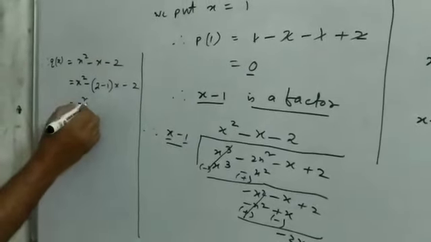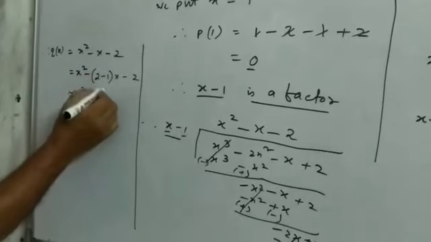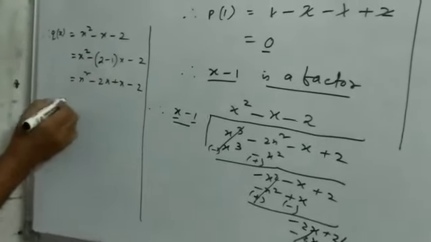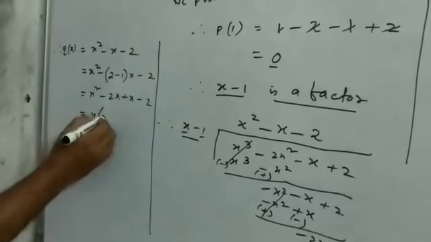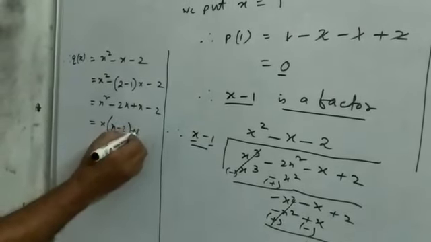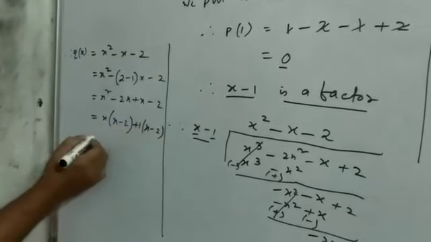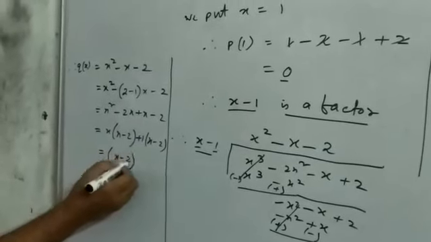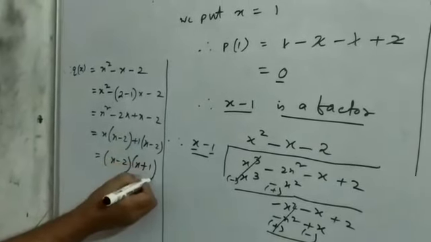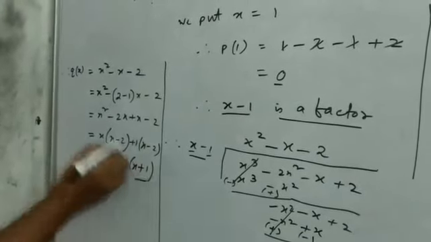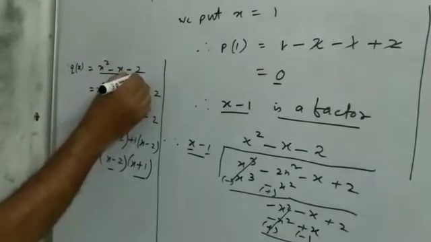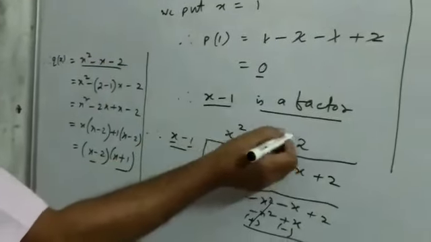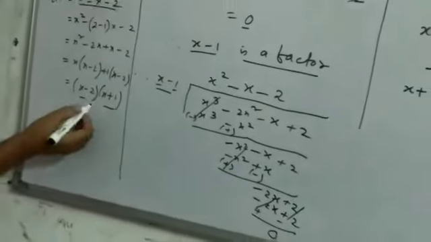So here x square minus 2x minus minus plus x minus 2. So x common, x minus 2, plus 1 common, x minus 2. So (x minus 2)(x plus 1). So these are the factors of this polynomial. So we got this Q(x), the quotient part, and we have factorized it.